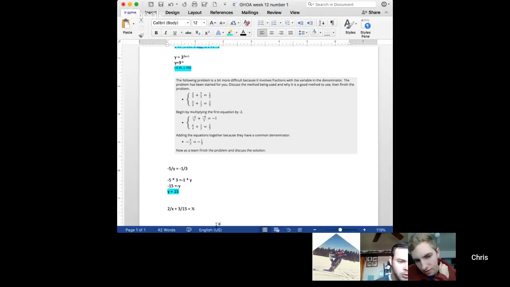Yes, 30. So it's 1/2 minus 3/15, which is 15 over 30 minus 6 over 30, which gives you 9 over 30. Divide that by 3, and you have 3 over 10.